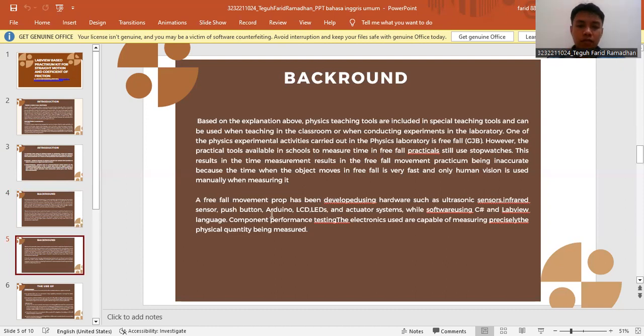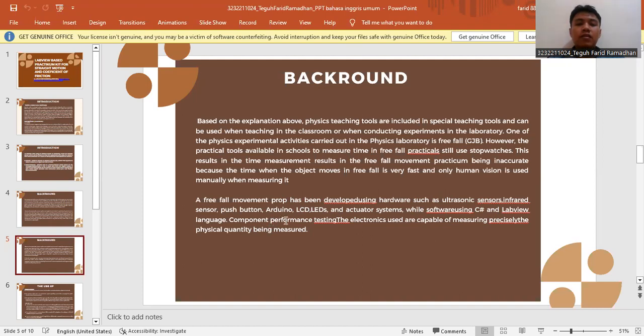A free fall movement prop has been developed using hardware such as an ultrasonic sensor, infrared sensor, push button, Arduino, LCD, LEDs, and actuator system, while the software uses C# and LabVIEW language.